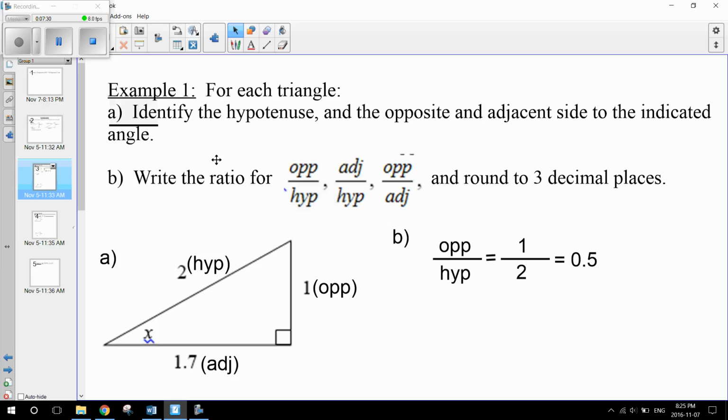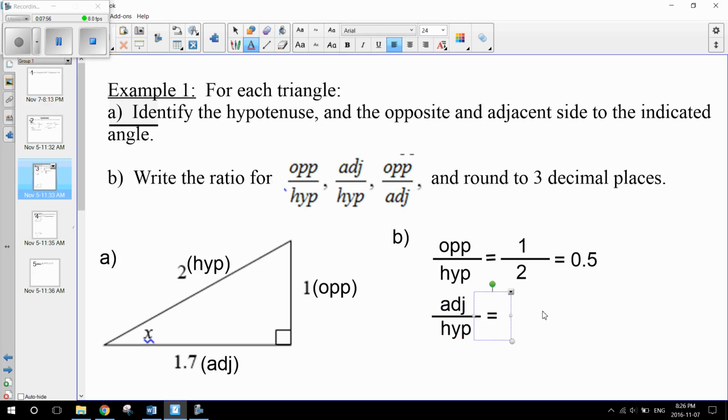So our next one is adjacent over hypotenuse. So adjacent over hypotenuse, that's equal to, so what's the value of our adjacent side?